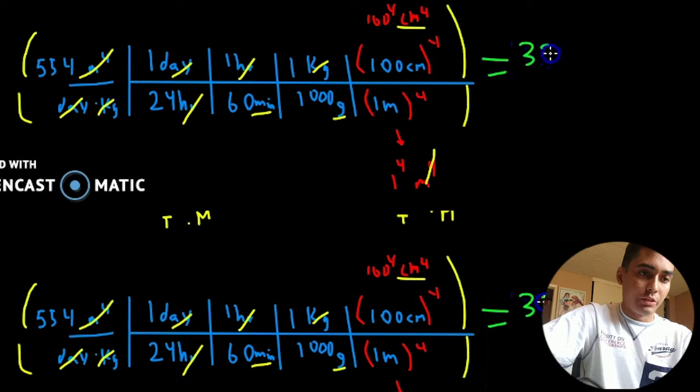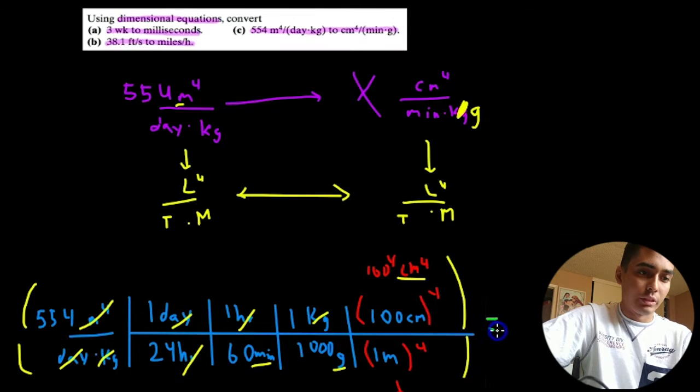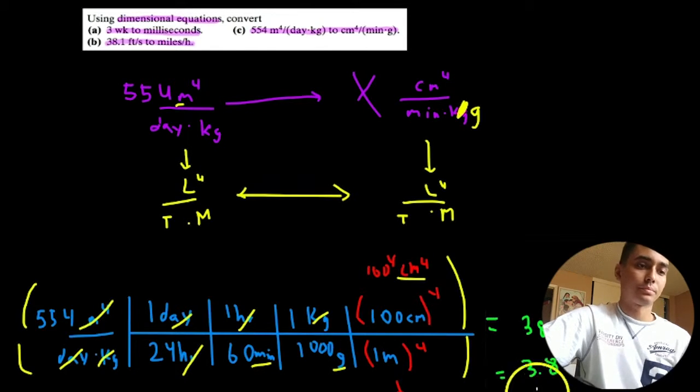So just round it, gives us an answer of about 38,000, which of course, we want to get used to scientific notation, guys. It's very important. 3.8 times 10 to the 4 centimeters to the fourth power over minutes times grams.